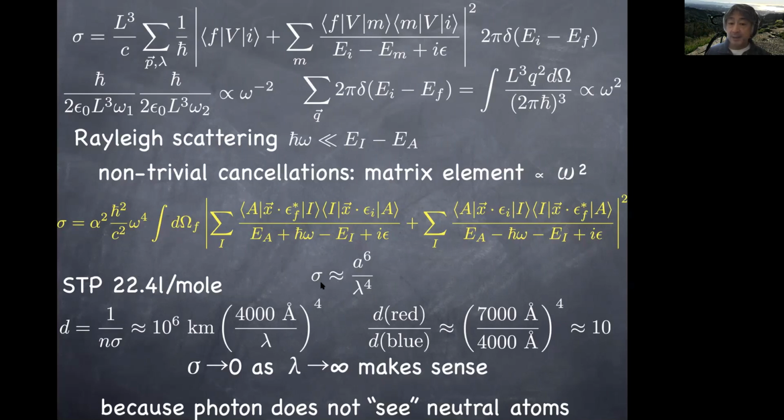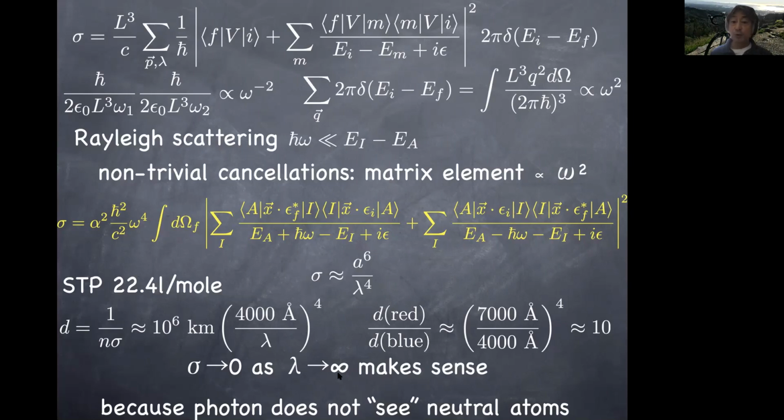So this dependence, that long wavelength light gets less scattered by the atom and short wavelength light gets more scattered by the atom, makes sense. I hope that makes sense to you too. So the main result is that because the long wavelength light doesn't resolve the inner structure of the atom, it doesn't get scattered by neutral atoms.